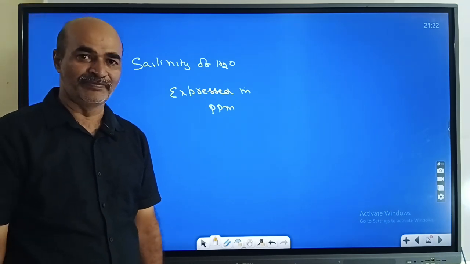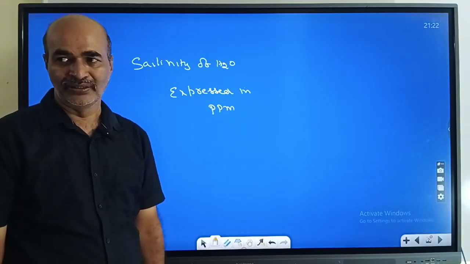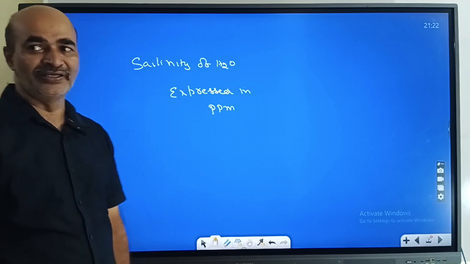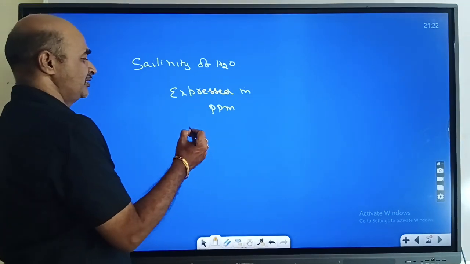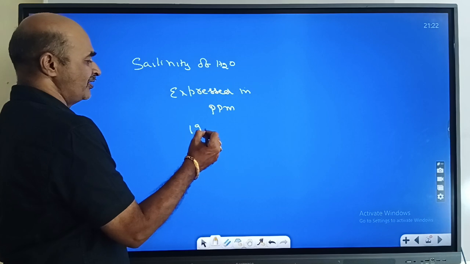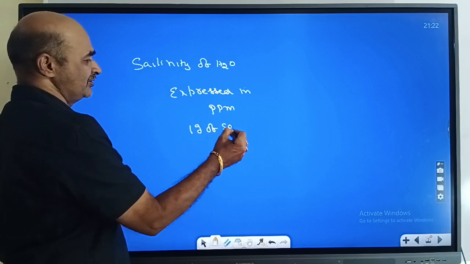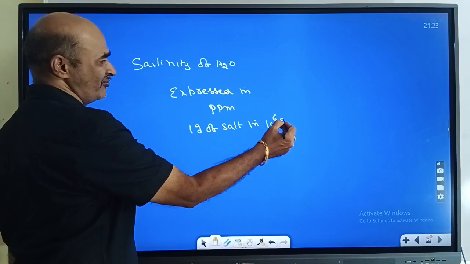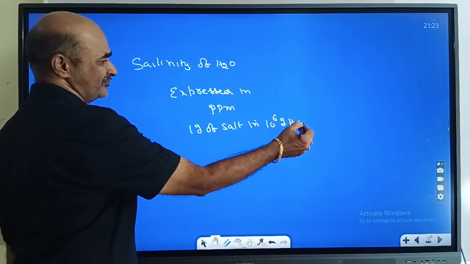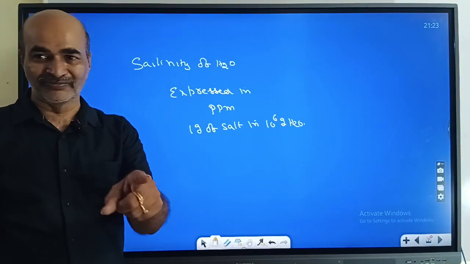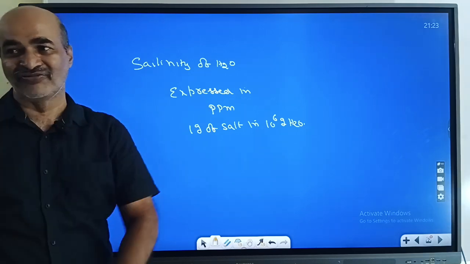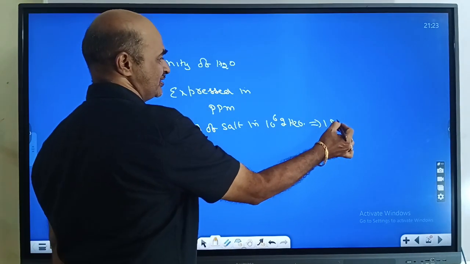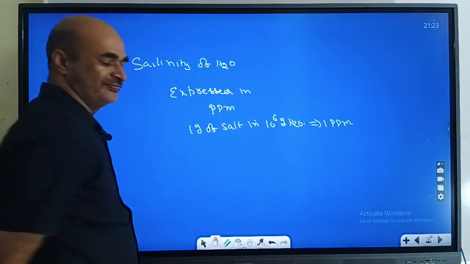What is meant by parts per million? Parts per million means 1 gram of salt in 10 to the power of 6 grams of water. When 1 gram of salt is present in 10 to the power of 6 grams of water, this is 1 ppm.